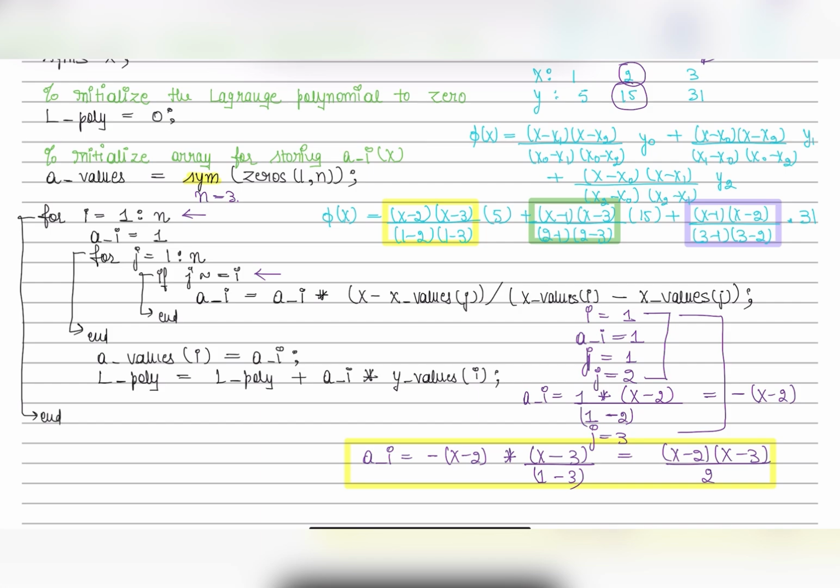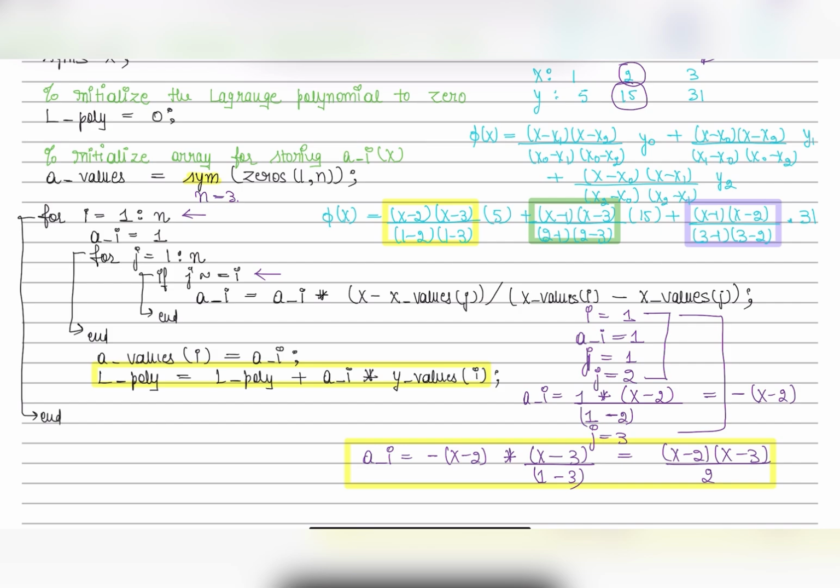So I hope the working of this loop is clear to you, and in this statement we have just updated the value of the current polynomial after multiplying each value of a_i's with corresponding y values.